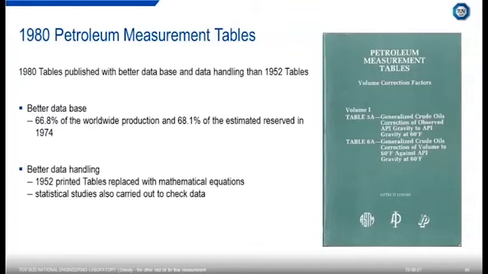So the 1980 tables were updated. They had better base data and better data handling than the 1952 tables, better base data in terms of covering almost a third of worldwide production and similar quantity of the estimated reserves from 1974. And better data handling in particular, where the printed tables were replaced with mathematical equations and statistical checks were also used to assess the quality of the data.